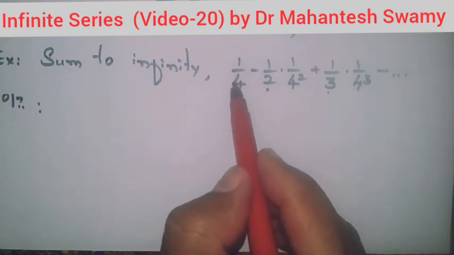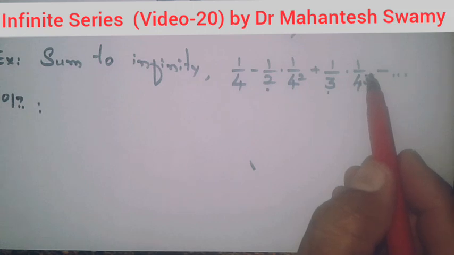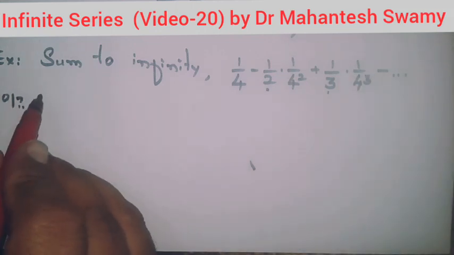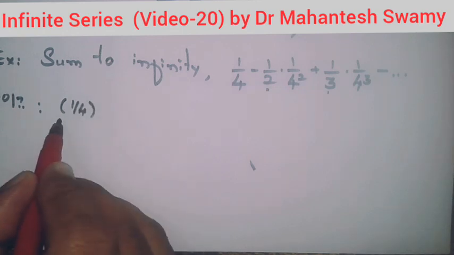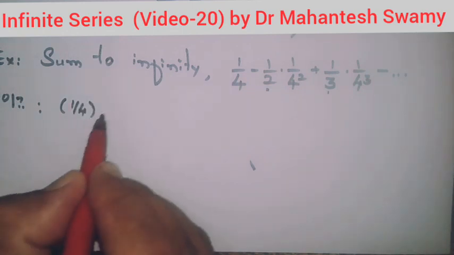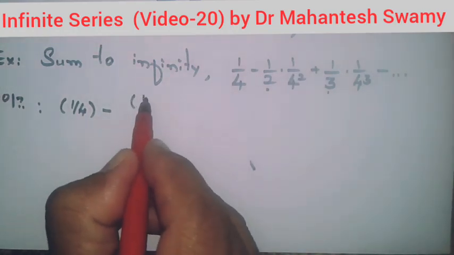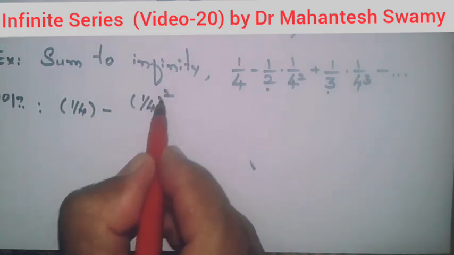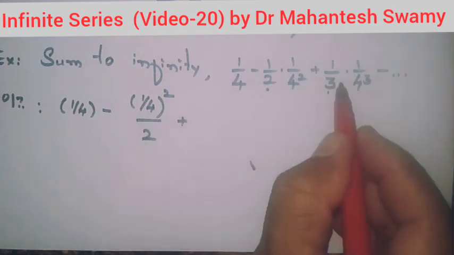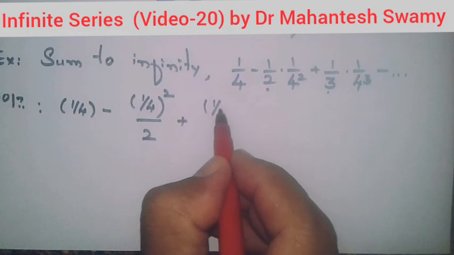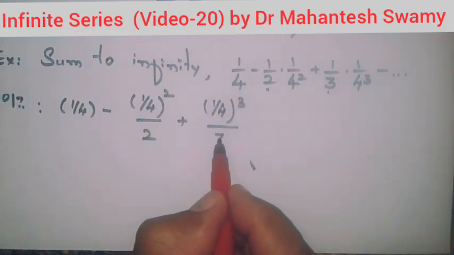The remaining things, 1 by 4, 1 by 4 whole square, 1 by 4 whole cube, should all be taken to the numerator. Therefore the given series can be written as 1 by 4 by 1, minus 1 by 4 whole square divided by 2, plus 1 by 4 whole cube divided by 3.